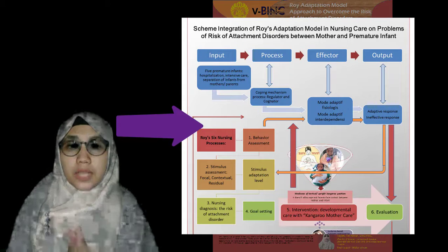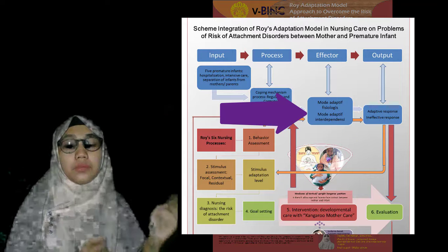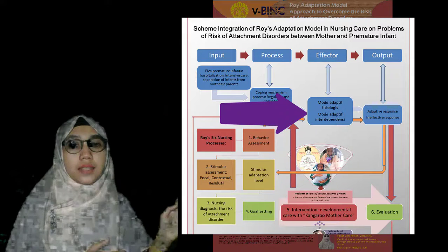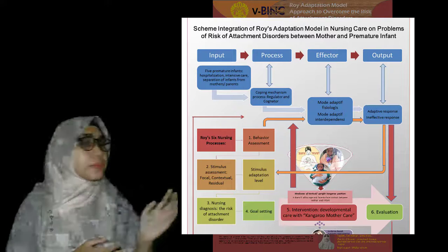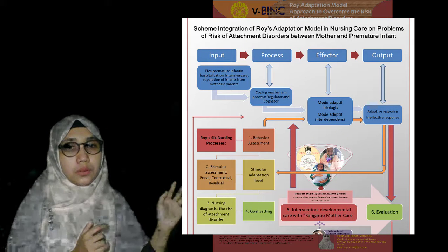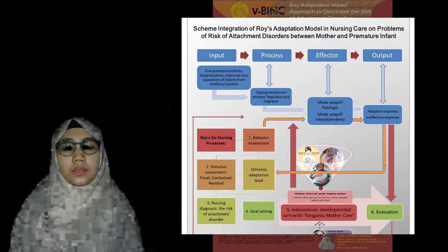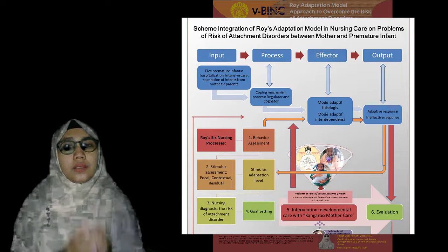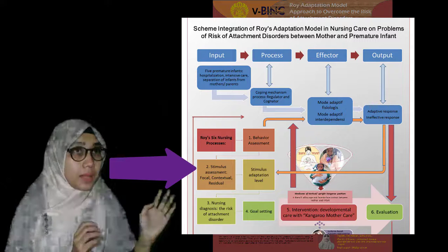The first step is behavioral assessment, which is studied in 2 adaptive modes: physiological and interdependence adaptive mode. And these rows show how the adaptation process occurs. Then the second step is the assessment of the stimuli.